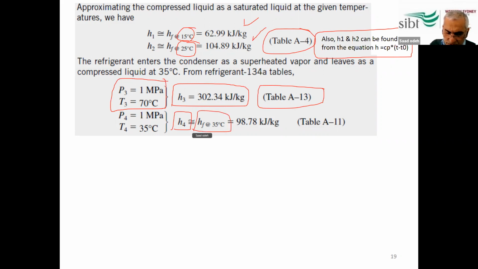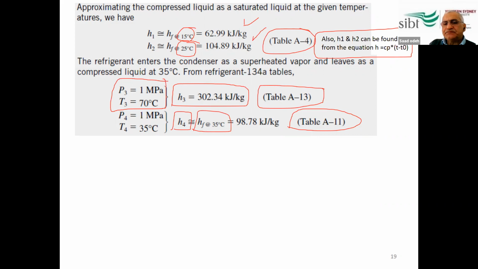You know that this is liquid, because the idea here in the heat exchanger, we are condensing the refrigerant. So the refrigerant comes in high temperature and pressure. We want to condense it. That's why they call it condenser.